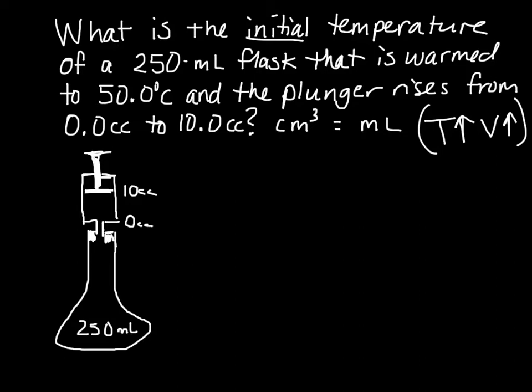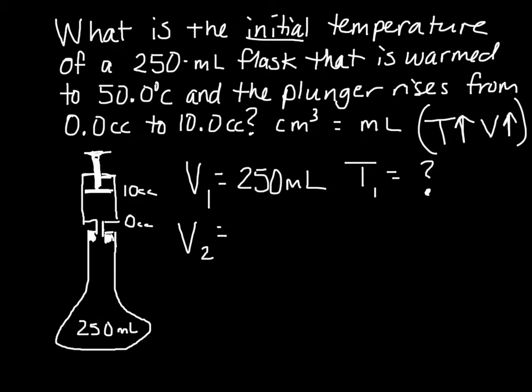So let's write out our initial and final conditions. So we started with 250 milliliter flask. Okay, that is warmed to 50 degrees Celsius. So what don't we know? We don't know our first temperature. Our second volume, we have 250 milliliters plus, so 250 all filled up, plus this 10.